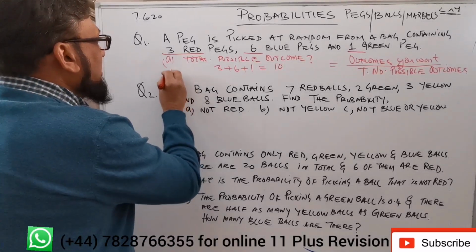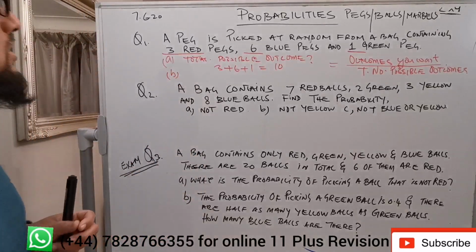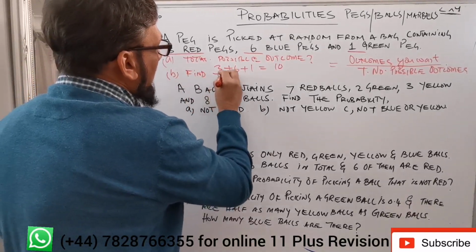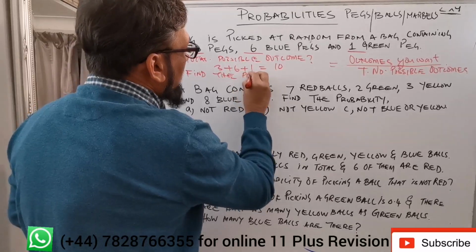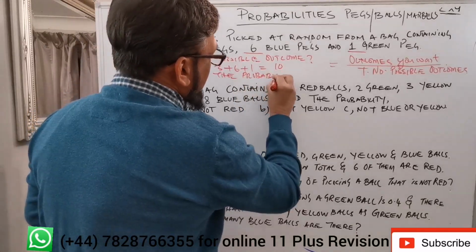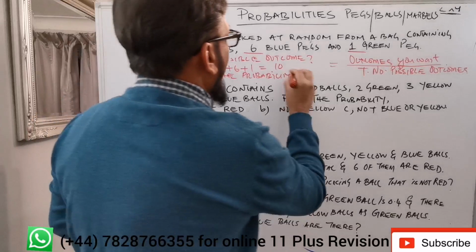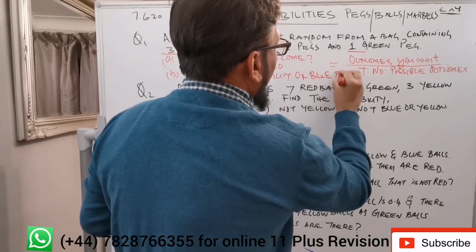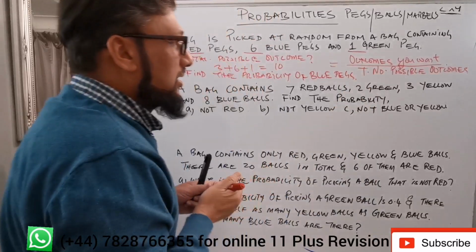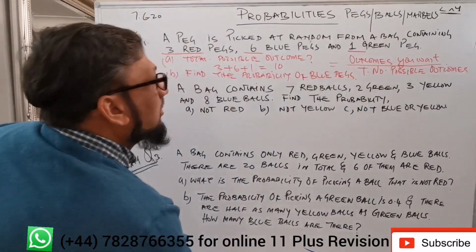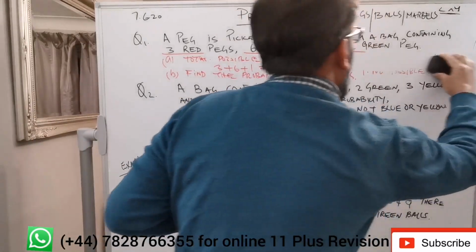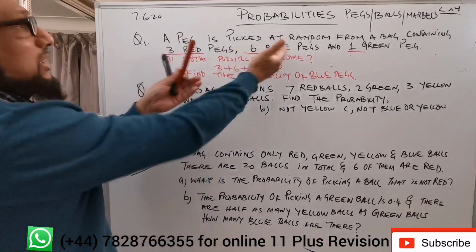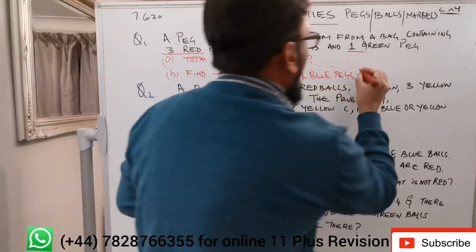And part B is saying what? Find the probability of blue packs. So blue packs, as we know, how many are there?